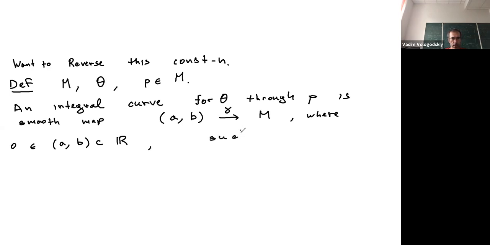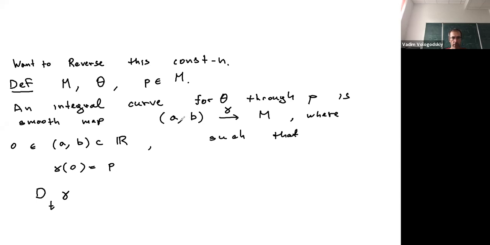And the properties are the following. Well, first of all, gamma of 0 is P. So it passes through point P when t is 0. And the second property is, well, I will first write down a formula for you. So I have a map of smooth manifolds, so I can take its differential, right? Differential of gamma at point t. So what is a differential?